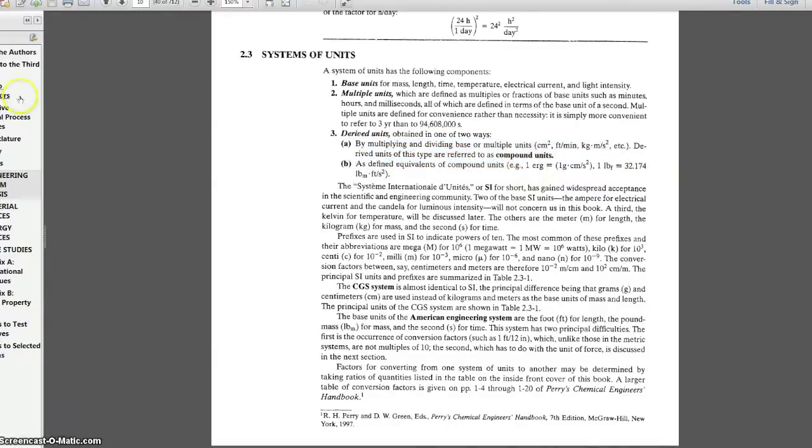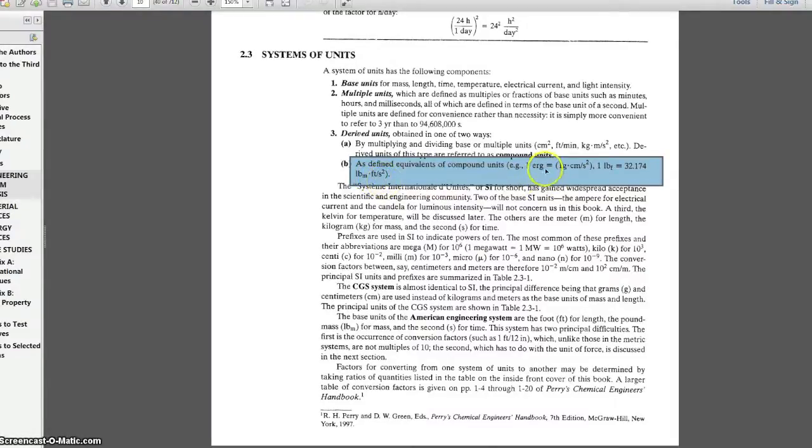The other one is defined equivalents of compound units. For example, 1 foot-pound equal to 32.174 pound times feet divided by second square.